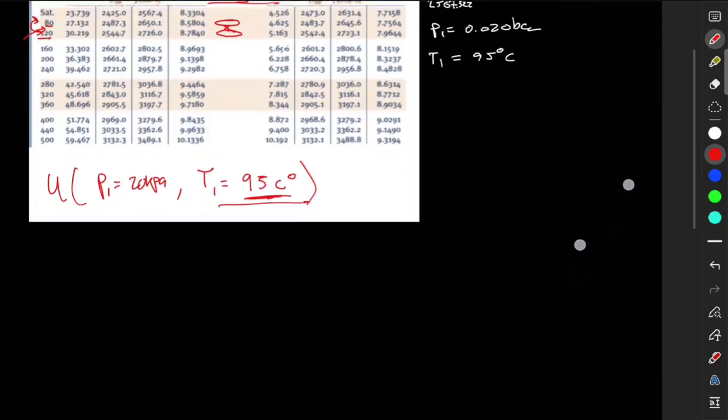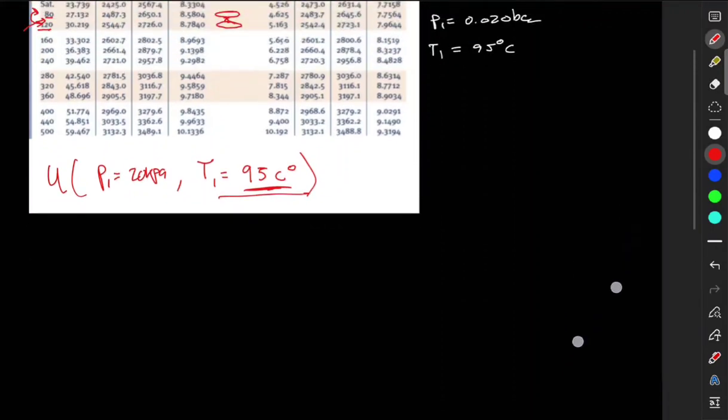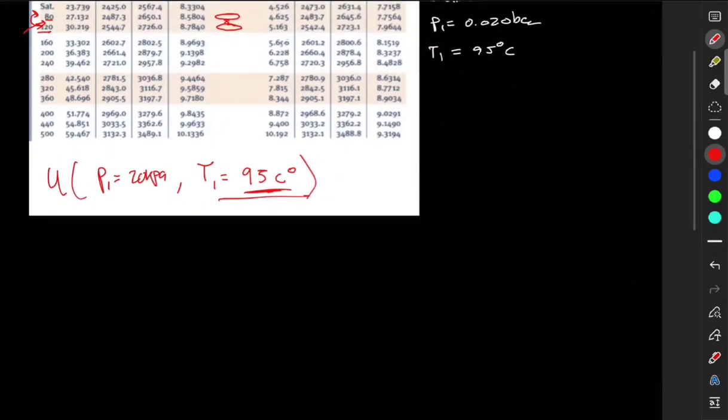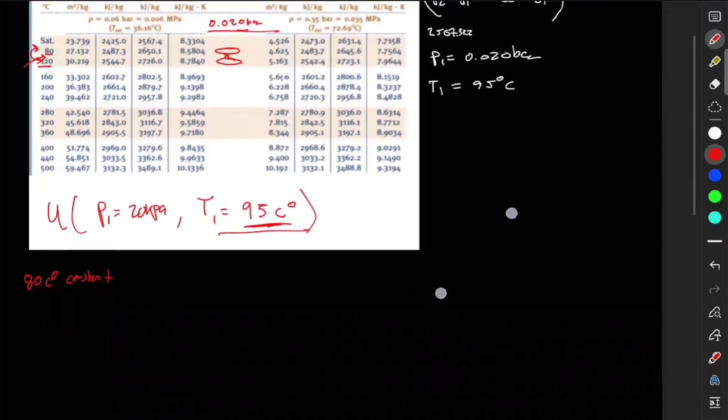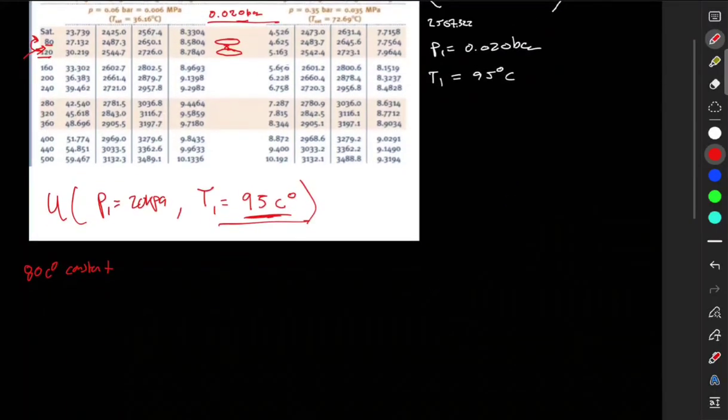So how do we do that? This is how we're going to do that. We keep 80 Celsius as a constant. And what do we have? We have bar, pressure. What else do we have? Internal energy, right?